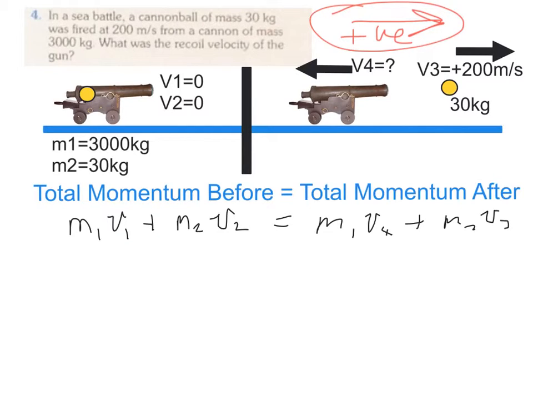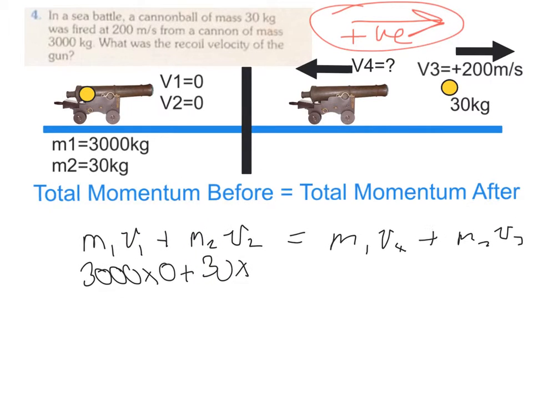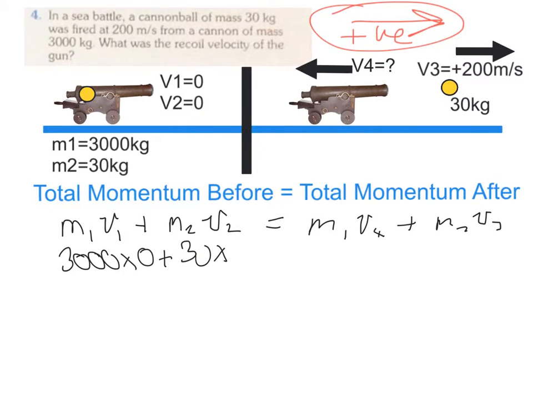So remember that that's just 3,000 times nothing added to 30 times nothing. There's no momentum on that side.